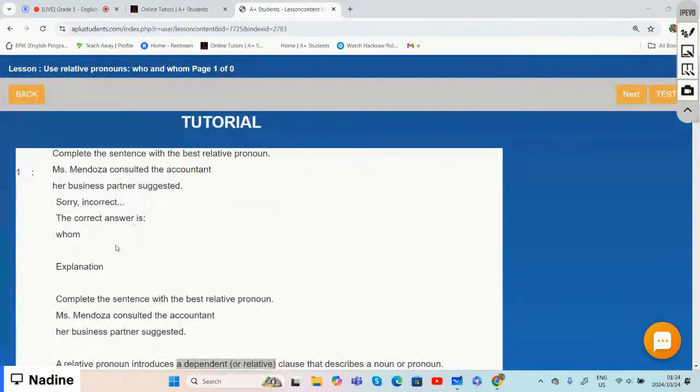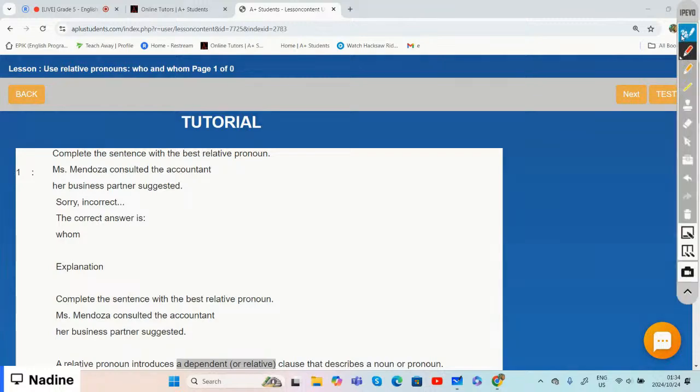It says Miss Mendoza consulted the accountant. Do we say who her business partner suggested or whom her business partner suggested? Which one is correct? Who or whom?